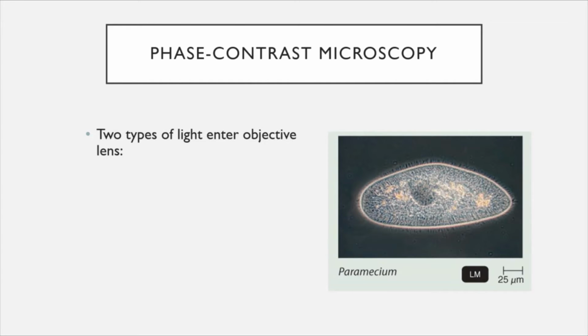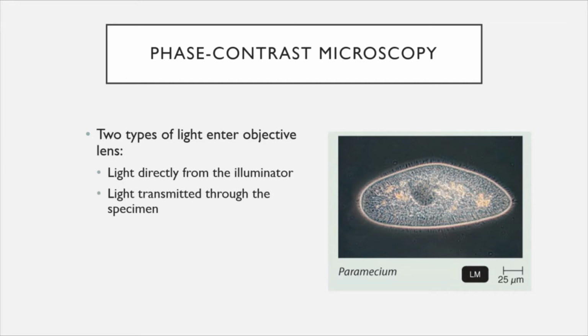Next we have phase contrast microscopy. In phase contrast microscopy, two types of light end up entering the objective lens. There's light directly coming from the illuminator, and then there's light that is transmitted through the specimen.